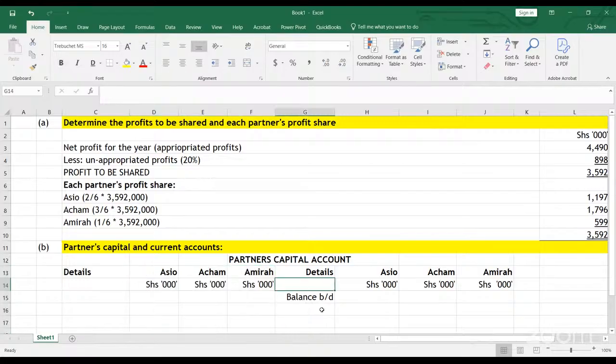So now I break down the capital balance of Asio. Look at the trial balance. How much is the capital account balance of Asio? How much are the capital account balances? Look at the trial balance.